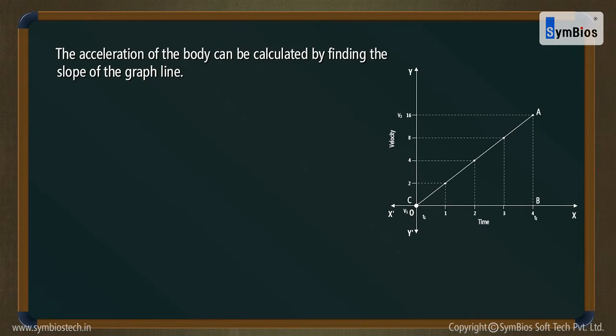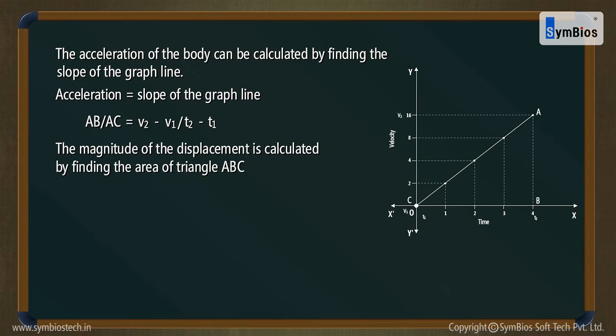The acceleration of the body can be calculated by finding the slope of the graph line. Acceleration is equal to the slope of the graph line, AB by AC, which is equal to V2 minus V1 by T2 minus T1.